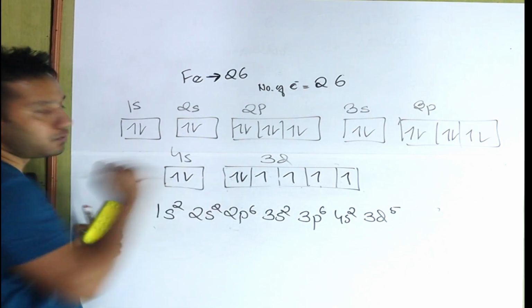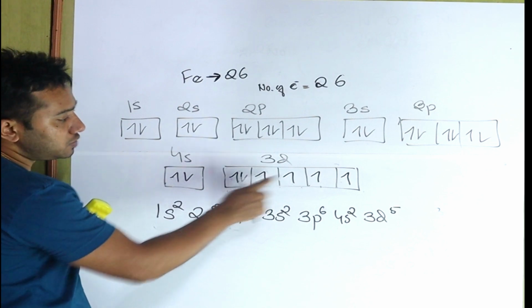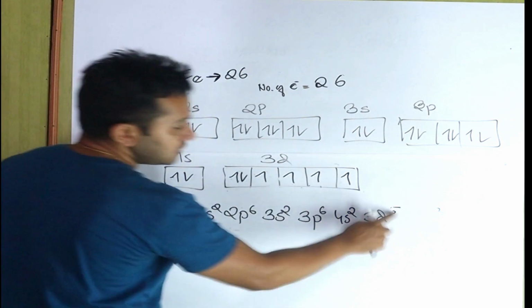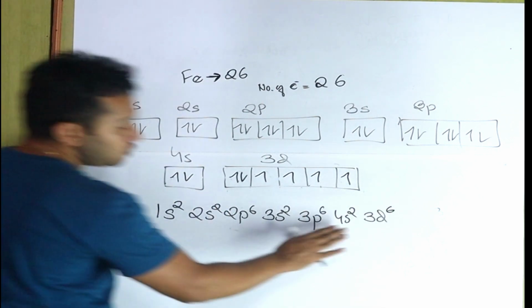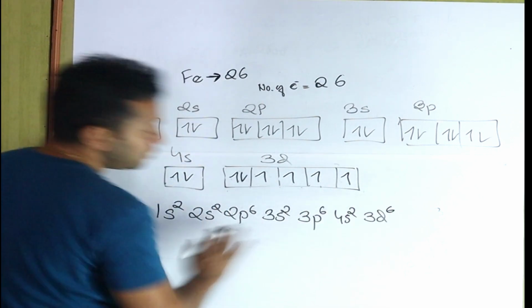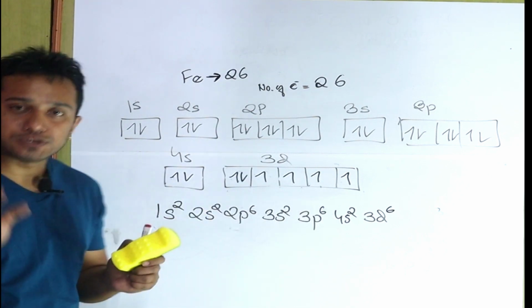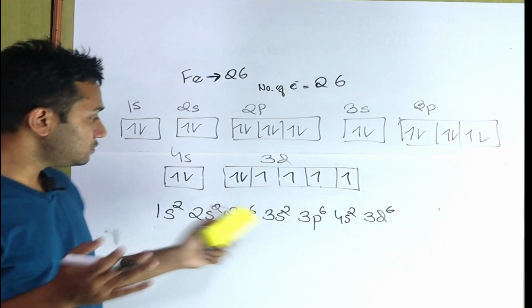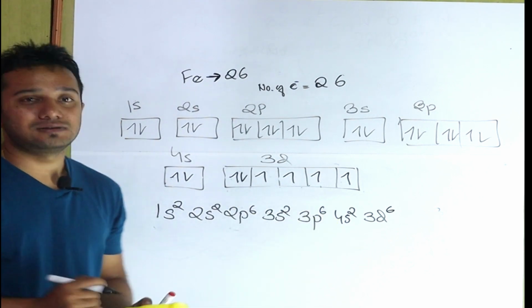I've just put one more electron. So how many do we have in 3d? 1, 2, 3, 4, 5, 6. We have 6 electrons, so I will put 6. So this will be the electronic configuration of iron: 1s2, 2s2, 2p6, 3s2, 3p6, 4s2, 3d6.